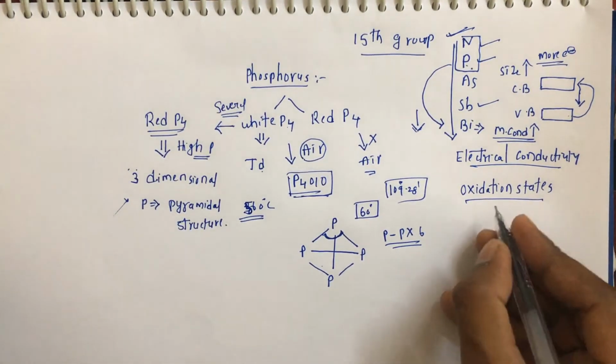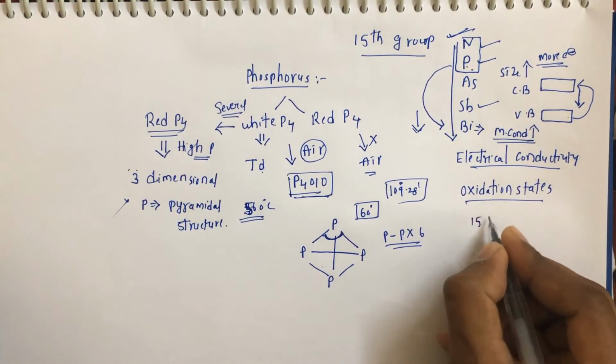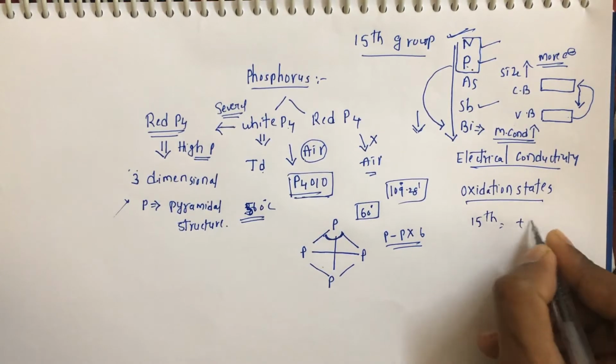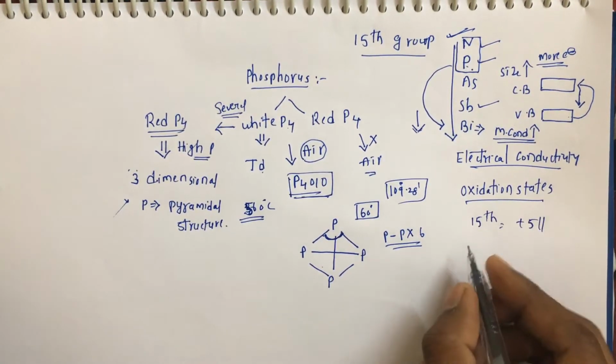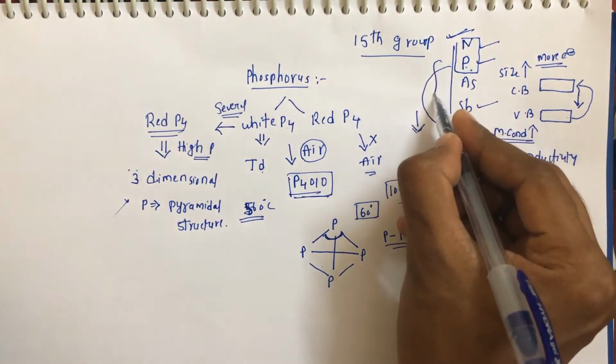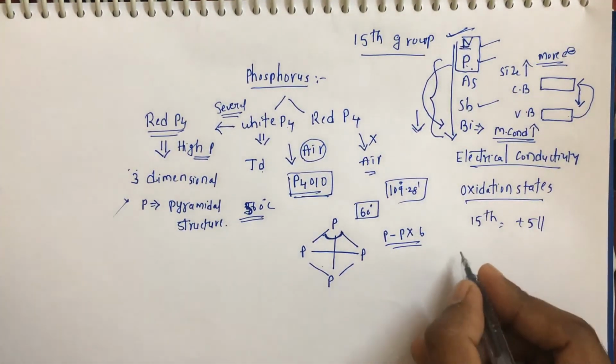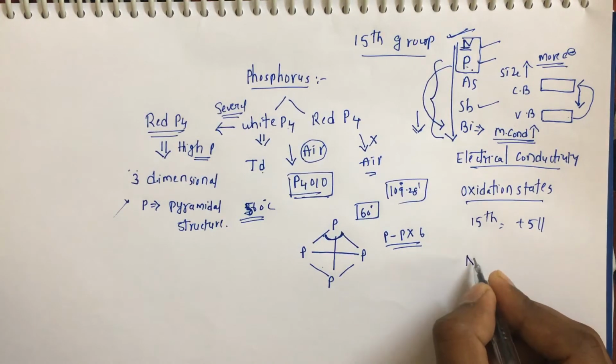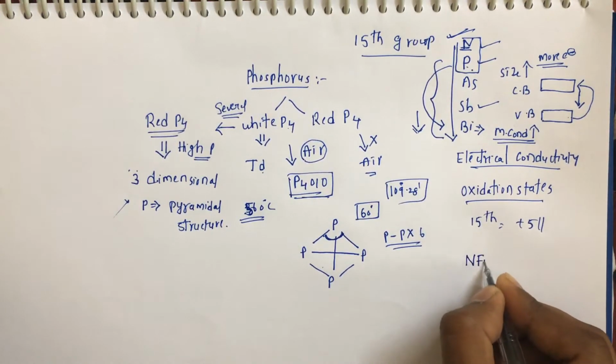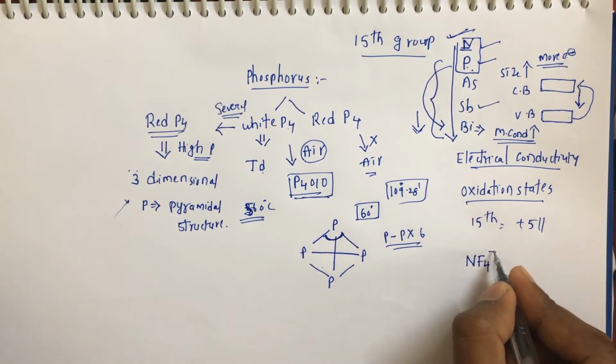We know that the maximum oxidation state of group 15 elements is +5, and all the elements will show the +5 oxidation state except nitrogen. Nitrogen shows a +5 oxidation state only in one case, that is NF4+.